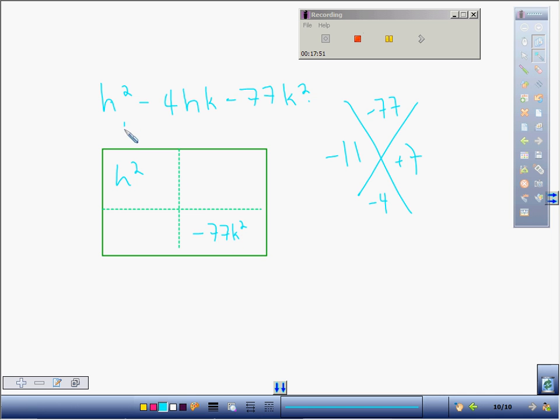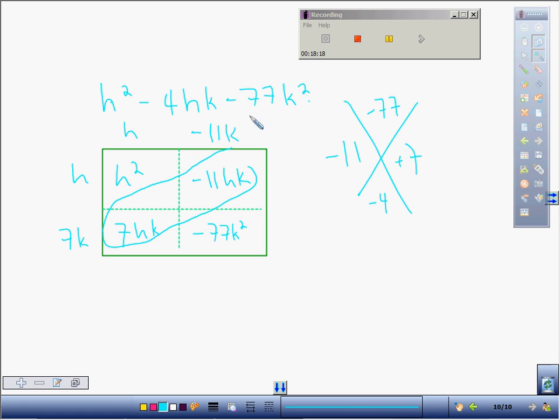H and H. And here's your minus 11k, and here's 7k. Because this times this gives you 7hk, and this times this gives you negative 11hk. And if I add these two together, I do get negative 4hk. And this times this does give you negative 77k squared.